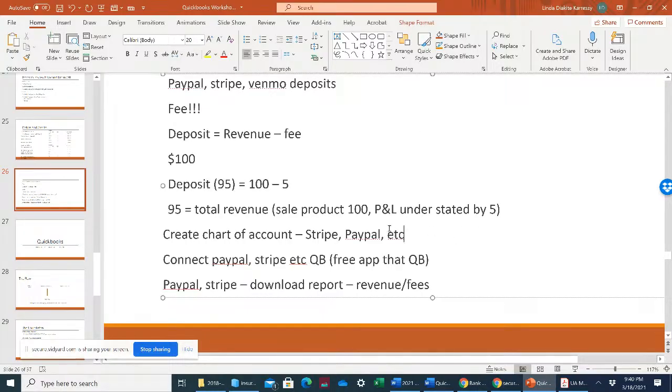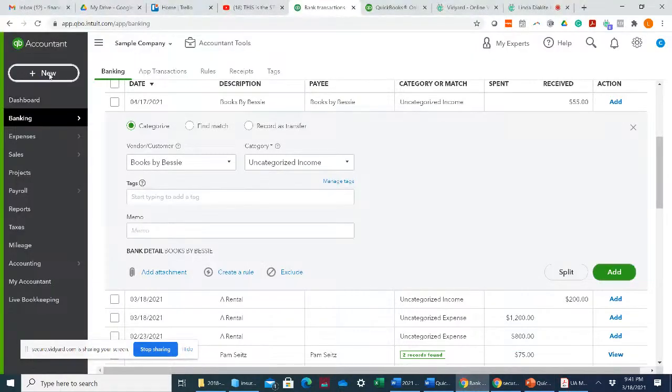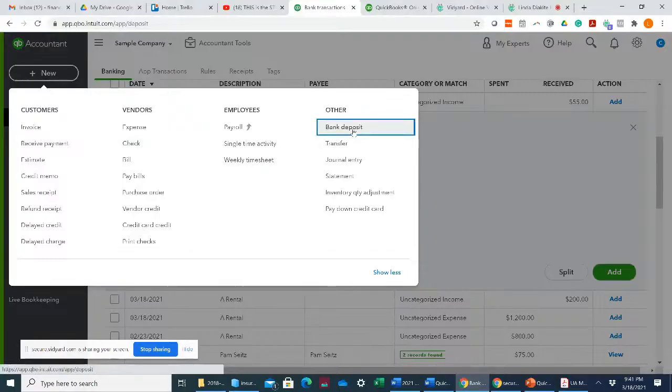So once again, merchant fees, PayPal, Stripe, break out the deposit. So basically revenue and the fee. And once again, you don't have to do every single transaction. What you can do, you can just go to QuickBooks and go to deposit, and you can make one deposit for the month.